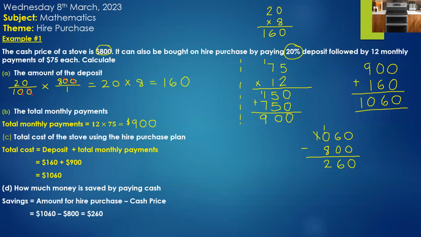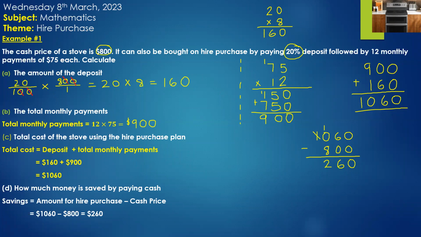So to do that, we have to take the 20%, and since percents are always out of 100, you do 20 over 100 times 800 over 1. Then you could just cancel out the zeros from the 100 and the zeros from the 800. So you get 20 times 8, which would give you 160. So that's how much your deposit is.